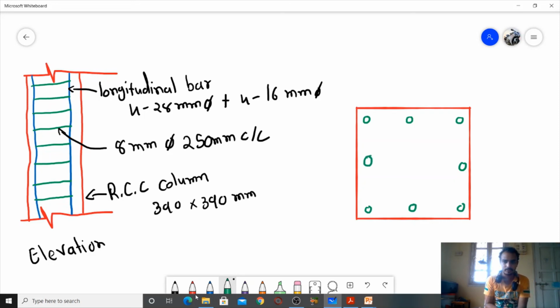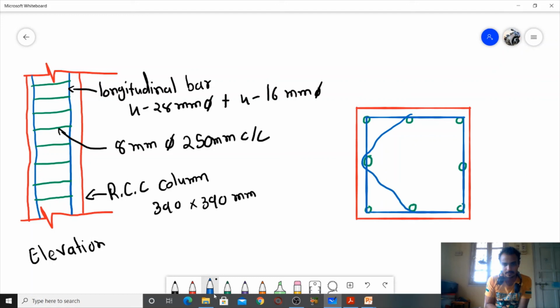Here is a longitudinal bar, and here are the ties. It's a tie here, and one more tie is like this. Okay, here the dimension is completed.